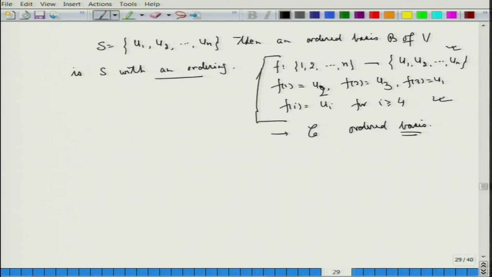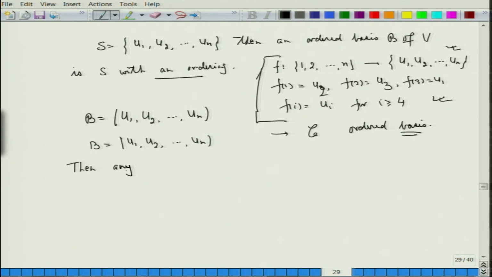So, let me write the definitions again, whatever we wrote. Starting with an ordered basis B, which was say u1, u2, un, I have the matrix B which is u1, u2, un.